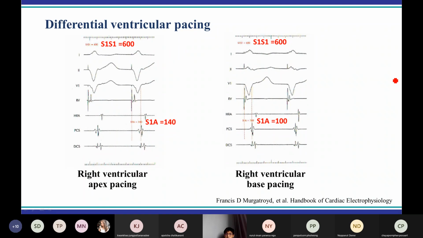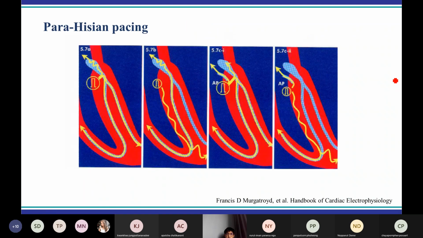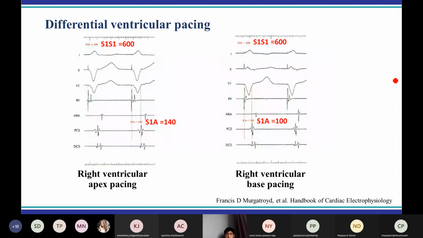The VA time is shorter. So in this patient, there must be some accessory pathway connecting the area of the RV base to the atrium. So I think that there is some accessory pathway in this patient.